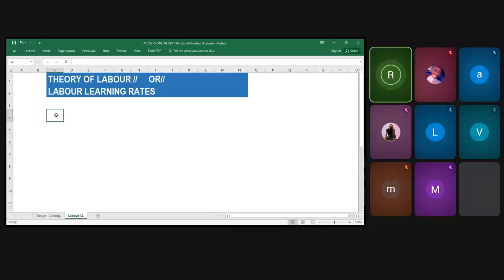First of all, let us look at the theory of labor just as a story, and then we look into detail at the theories that we are going to cover. This theory assumes that if you start doing something for the very first time, the time it takes tends to be quite high.